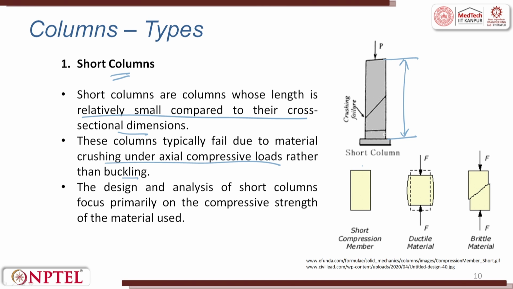If there is a column and you apply load, if it is a ductile material, it undergoes bulging, and this is common for a ductile material. When there is a brittle material, when there are forces, it shears. That is why we reinforce the columns. So, even when it shears, the reinforcement tries to hold the matrix material which has sheared.